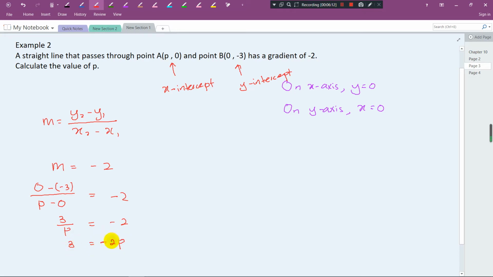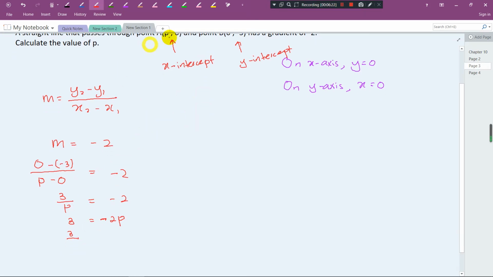Now the -2 you go down here. This is multiply, go to the other side, become divide. 3 divided by -2, but normally we like to put the negative in the middle. So p is equal to -3/2.